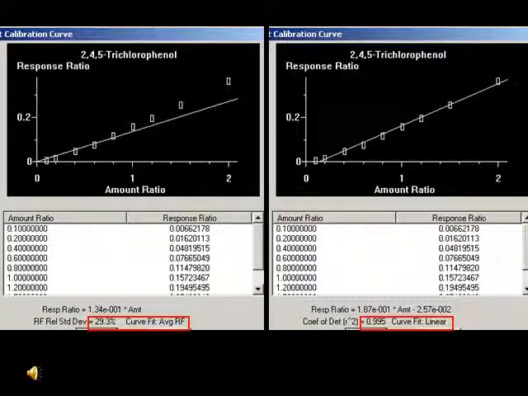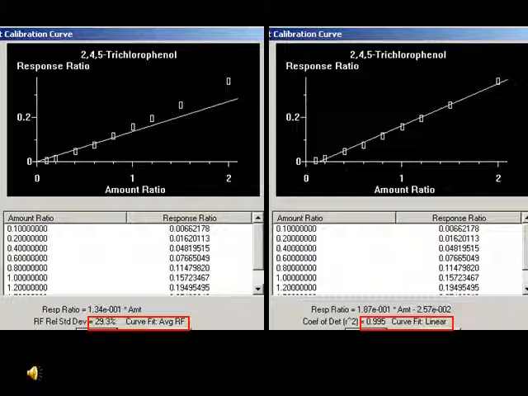In this example, a lab was reporting 2,4,5 trichlorophenol by EPA method 525.2. The lab was using an average response factor calibration model, which for this compound resulted in a RF relative standard deviation of 29.3%, which meets the method criteria.